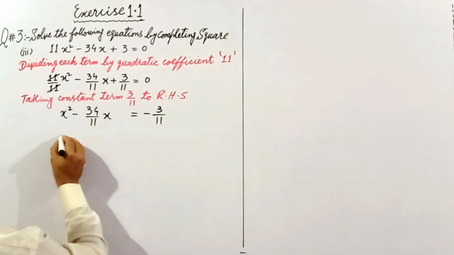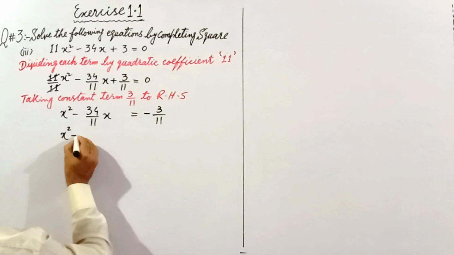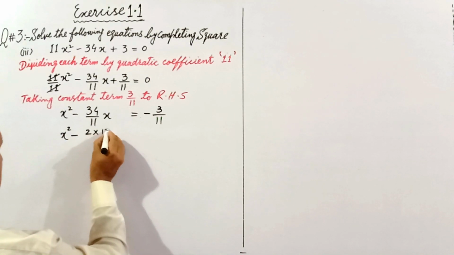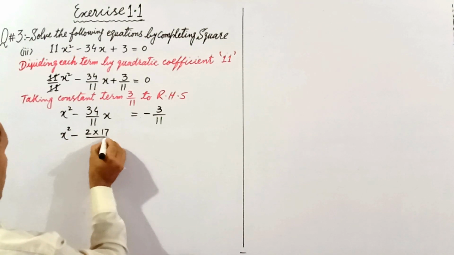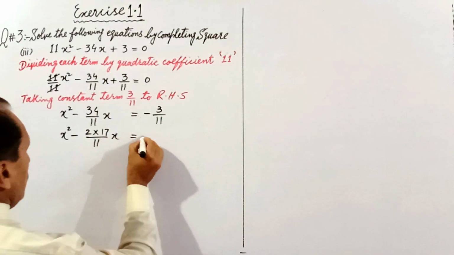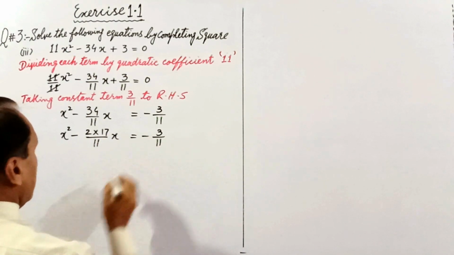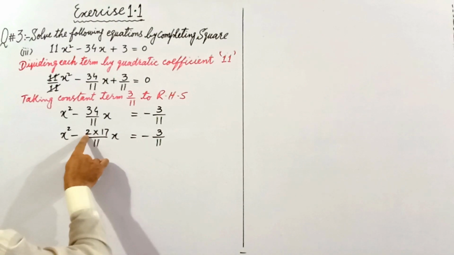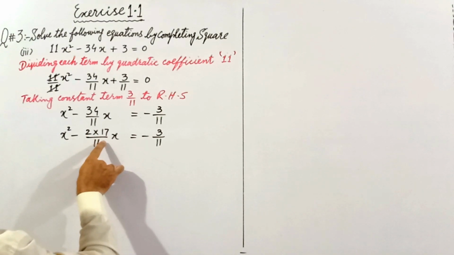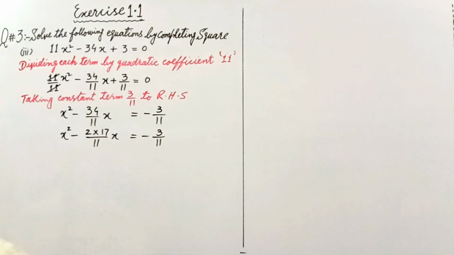We can write this as x square minus 2 into 17 over 11x is equal to minus 3 over 11. As 2 factor is present in the linear coefficient, therefore we can extract it to make the perfect square.